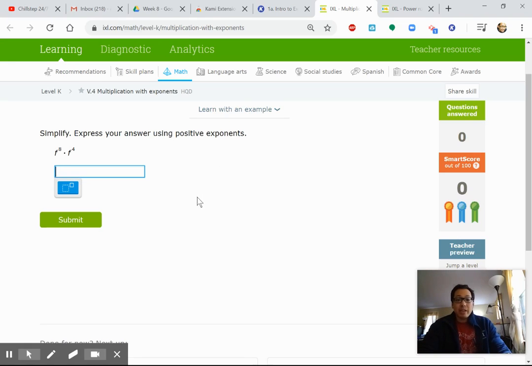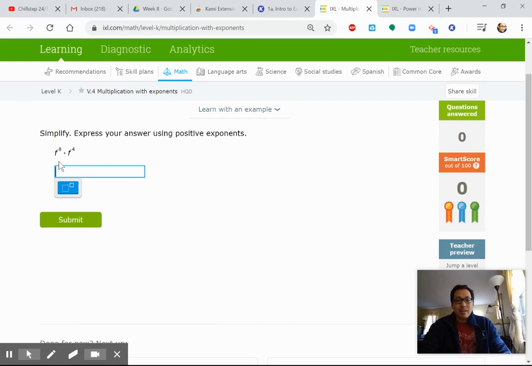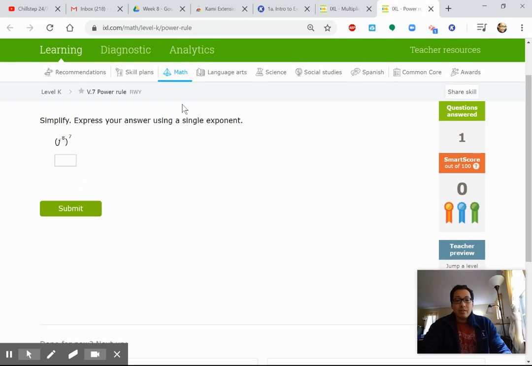This is going to be on the multiplication rule. This is going to be on the power rule. So for example, if we have f to the 8 times f to the 4, what does that become? f to the 8 plus 4. Add the powers. In this one, power to another power, we multiply the powers.